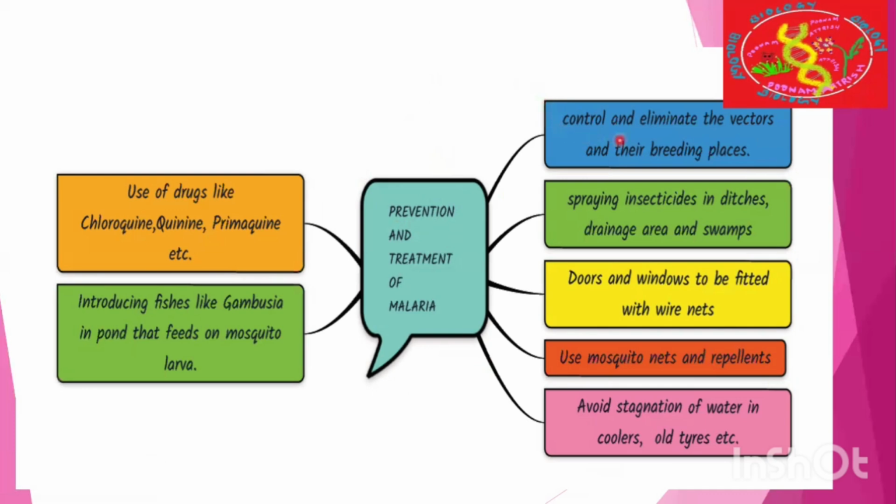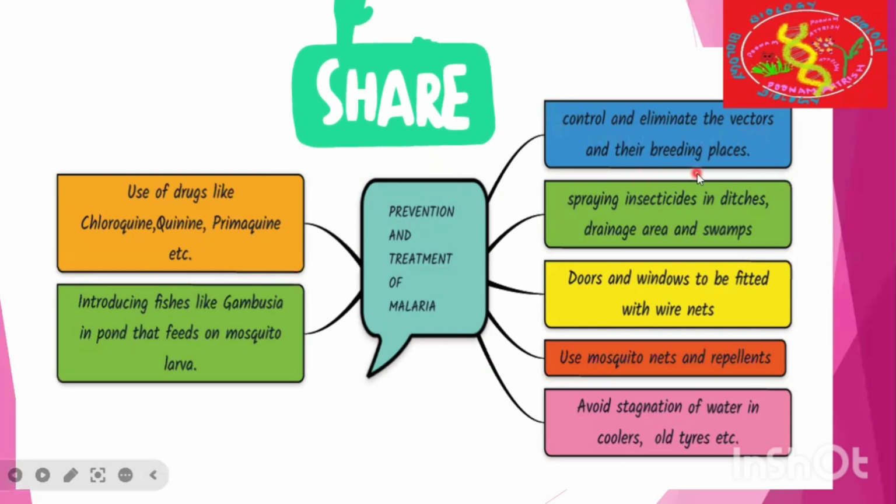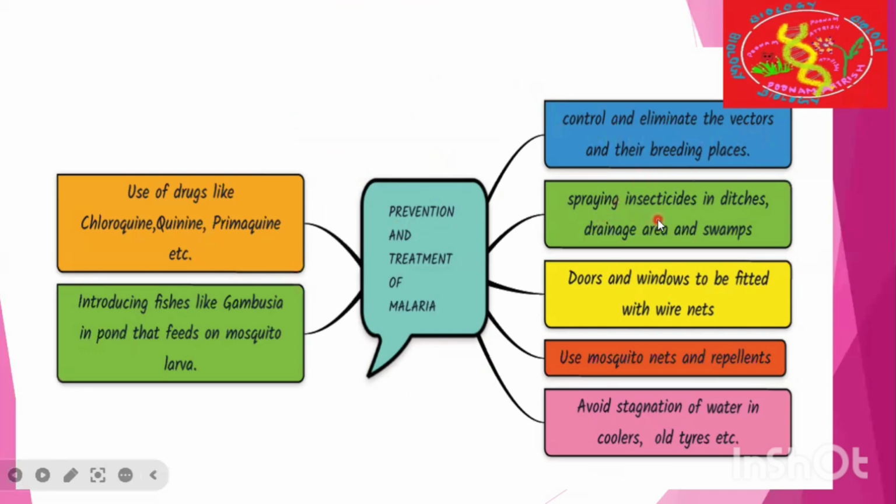Control and eliminate the vectors and their breeding places, spraying insecticides in ditches, drainage areas, and swamps, doors and windows to be fitted with wire nets, use mosquito nets and repellents, avoid stagnation of water in coolers, old tires, etc. Now, introducing fishes like Gambusia in ponds that feed on mosquito larvae is one of the major solutions, which is also free from any insecticide and pesticide.